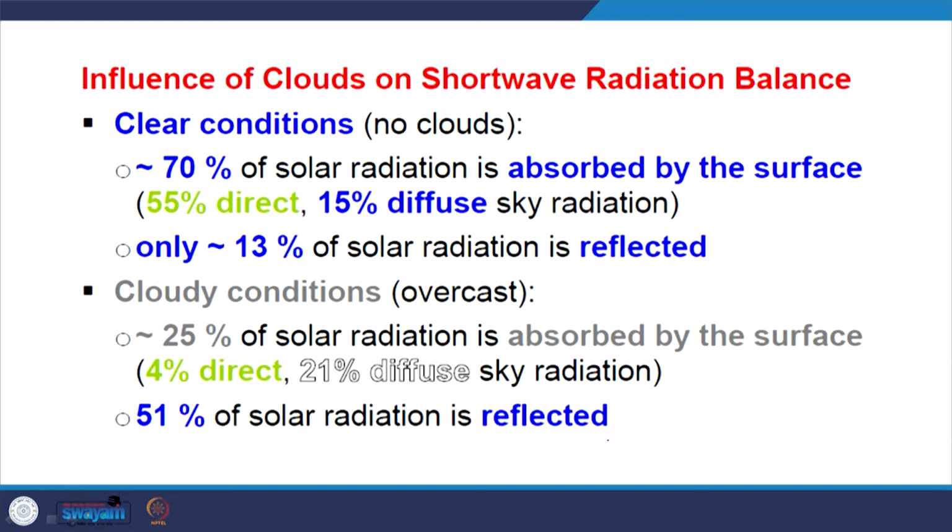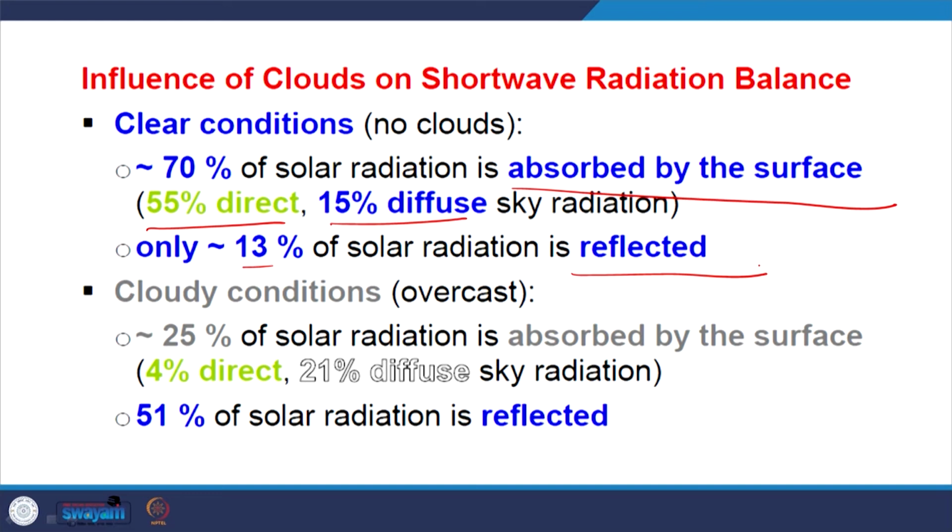Of the percentages we have seen before, 70% of the solar radiation is absorbed by the surface, 55% direct and 15% diffuse sky radiation if there are no clouds. So, whatever is coming is directly incident, and only 13% of the solar radiation is reflected. It is a very small percentage which is getting reflected.